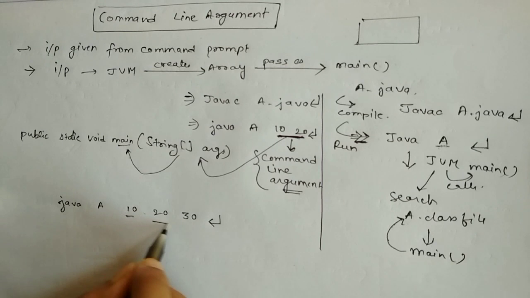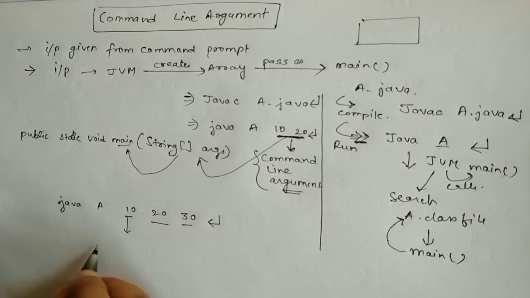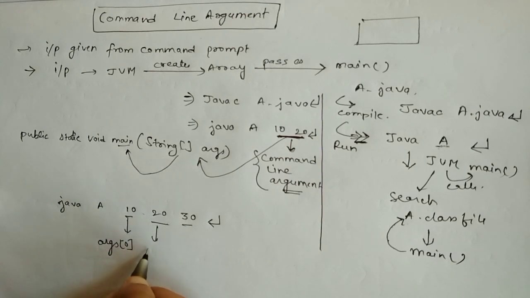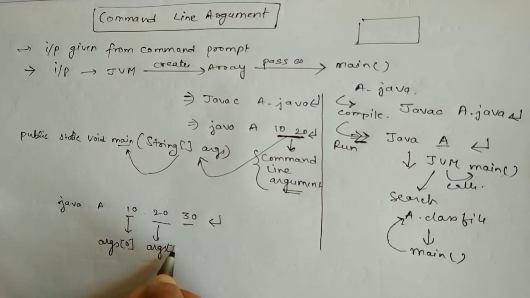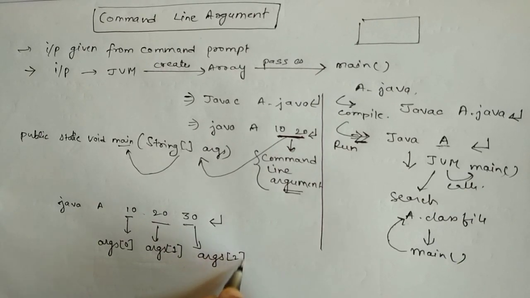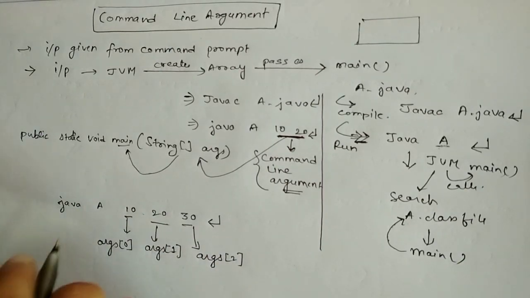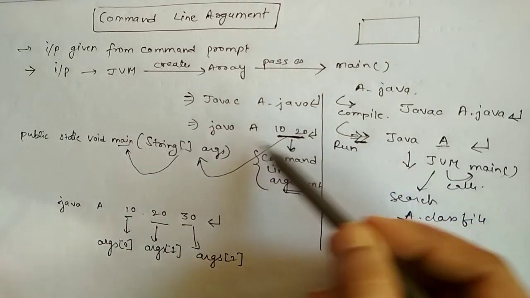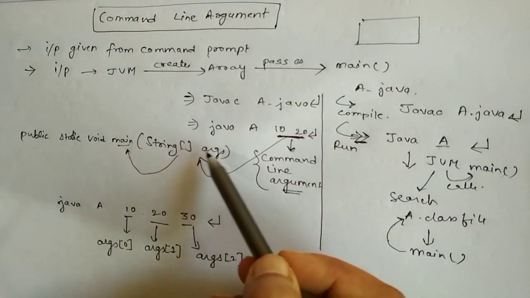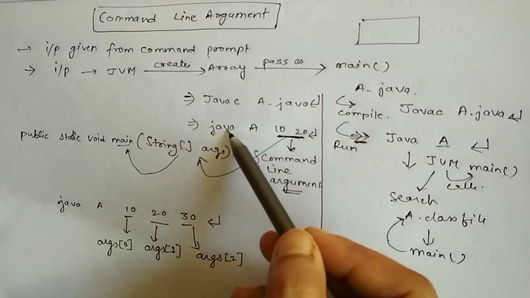So what are 10, 20 and 30? They are stored at the index values args[0], args[1], args[2]. We normally use the main method as public static void main String args, and in the command prompt we simply run java a.